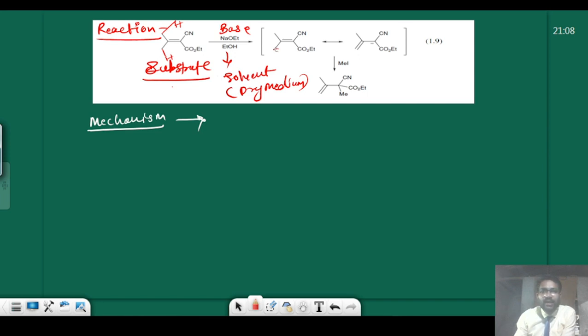This anion will delocalize like this, and the anion will come over here, adjacent to this particular electron withdrawing system, and this anion is effective. Now this anion will attack the methyl iodide. Iodine will leave the reaction, and there is a formation of a new carbon-carbon bond. So this is a carbon-carbon bond formation reaction.